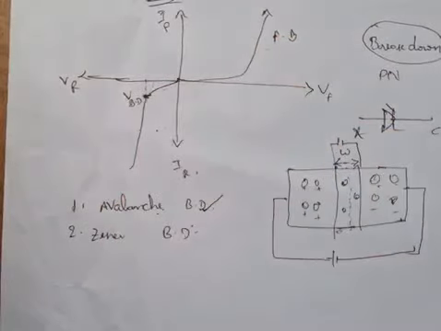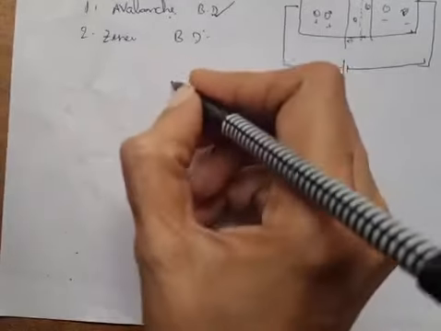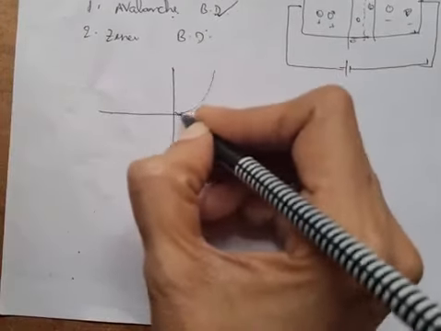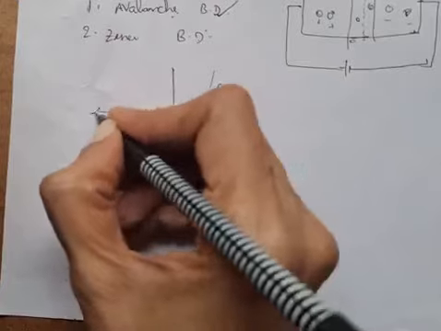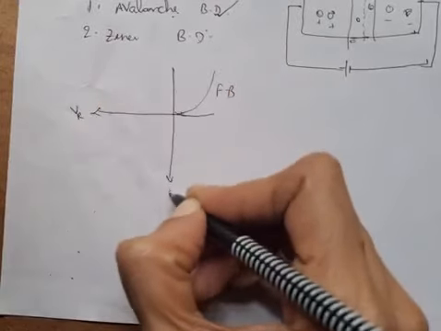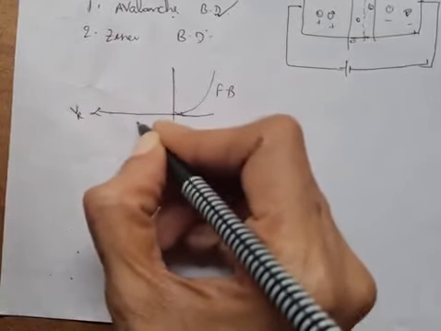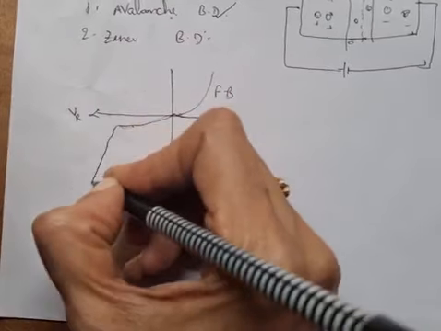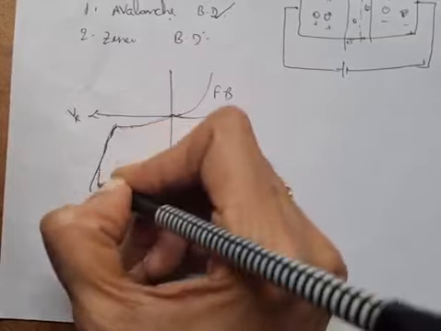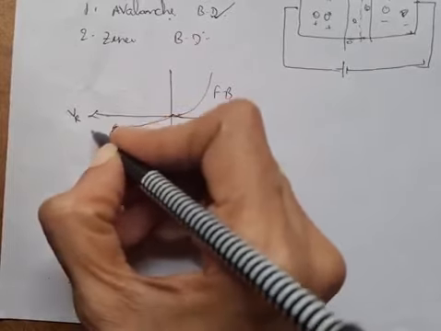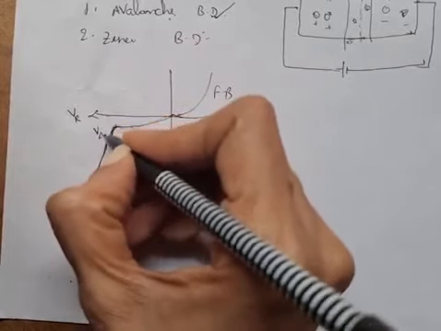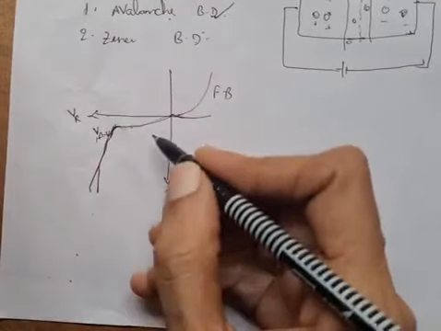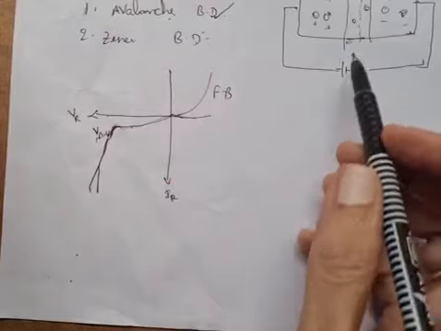And avalanche breakdown, we will draw one more. This will occur up to here. After this, here occurs this. This is the avalanche breakdown region. So in the avalanche breakdown region, the depletion layer will be thick and thin.